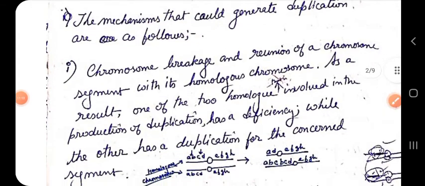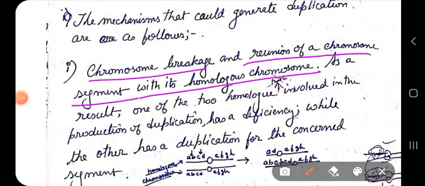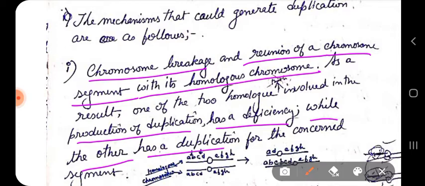First cause is chromosome breakage and reunion of a chromosome segment with its homologous chromosome. So due to chromosome breakage and reunion of a chromosome segment with its homologous chromosome, that results in one of the two homologs involved in the production of duplication having a deficiency, while the other will have a duplication for that concerned segment.